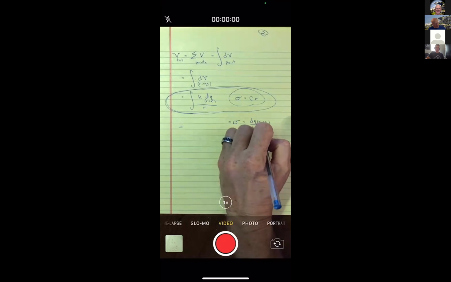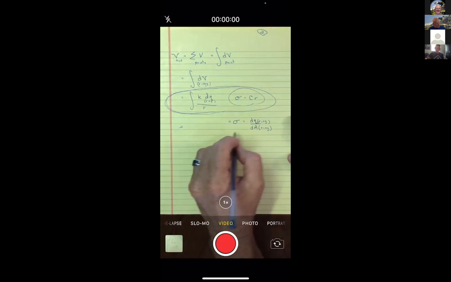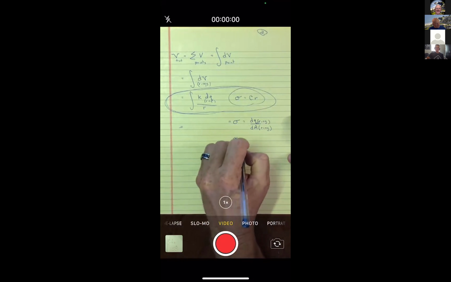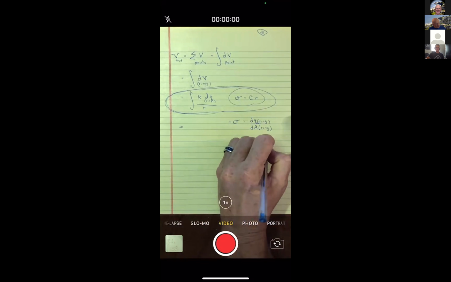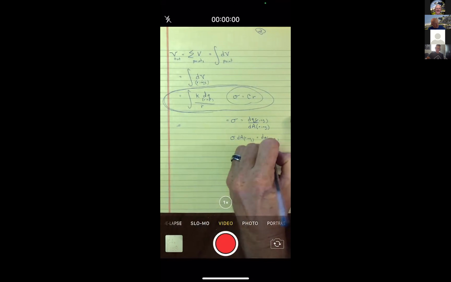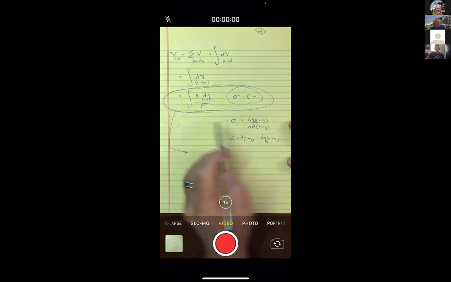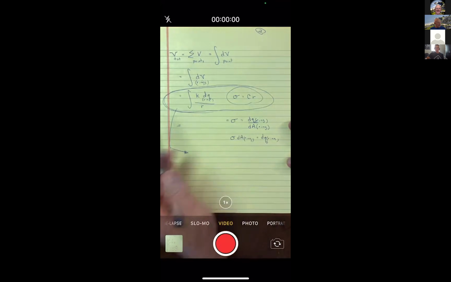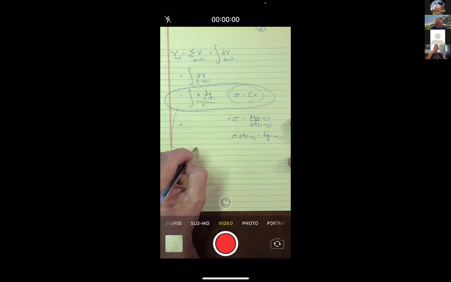Well, to do that, I would be dividing by the area of a ring. And that means if I take sigma and multiply by the area of a ring, I would get the charge on a ring. And that would be my first step if I started the problem here, where, again, I think the author kind of intended for you to start.